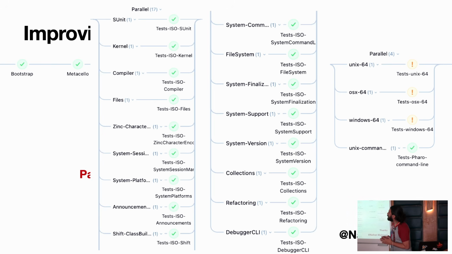I did SUnit, the kernel, and the compilers. I made sure that the compiler can run in these isolated images. But he did the files package, character encoders, the session manager, system platforms, announcers, the Shift class builder, the command line, file system library, finalization, system support, system versions, collections, refactorings.